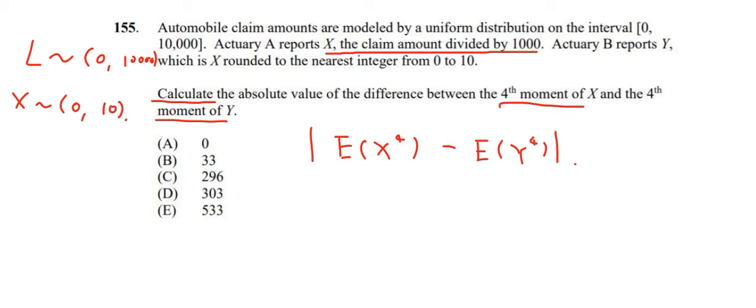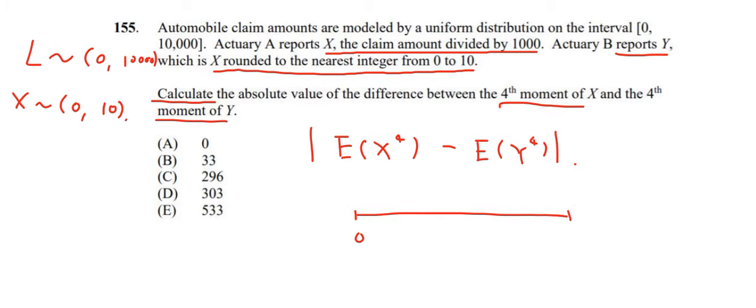Okay, so how about y? This y is x rounded to the nearest integer, from 0 to 10. So x is from 0 to 10, and y takes values 1, 2, and so on up to 9, 10.